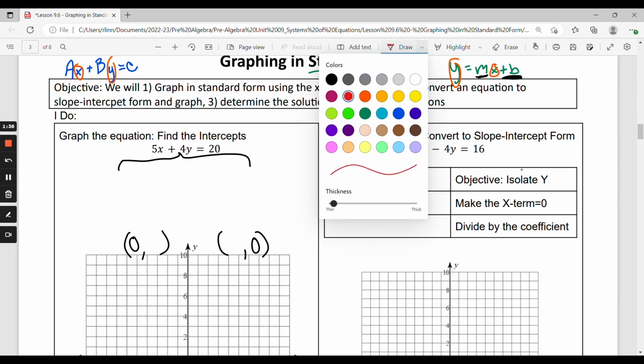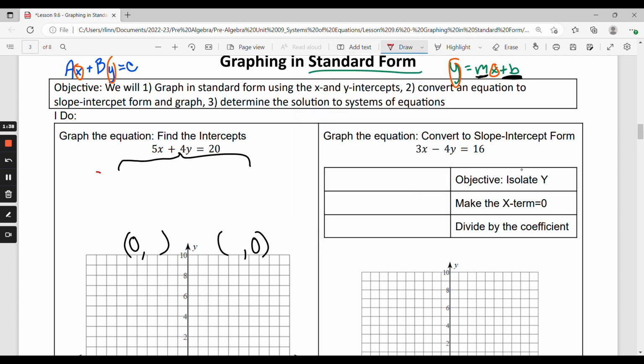My first equation is 5x plus 4y equals 20. I'm going to write that equation exactly like what I have here, but in place of the x value, I'm going to replace it with 0, because I know that x is going to be equal to 0, and I need to find out what the y value is.